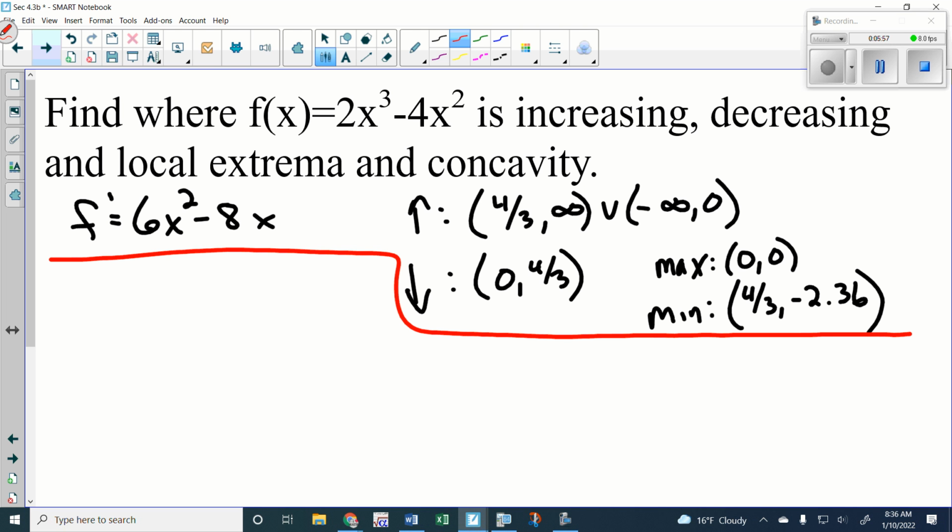So now let's add the concavity to it. To do concavity, I want to take the second derivative. The second derivative is 12x minus 8. We want to set that equal to 0.